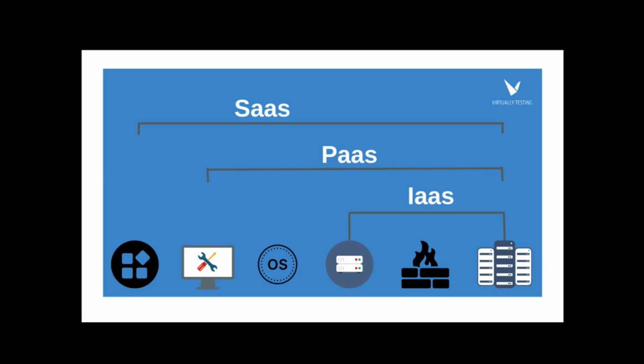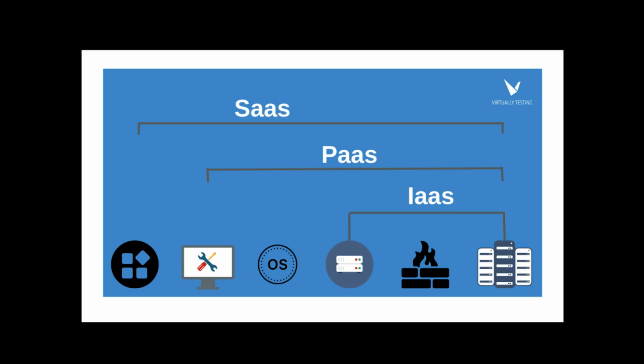So what this diagram is showing is it's highlighting, for software as a service, the applications. And what that means is that the user of a software as a service has control of the applications, but they don't have control of everything else, right?